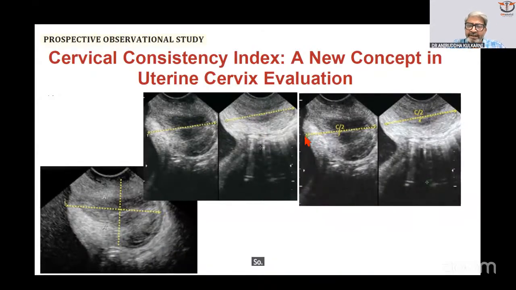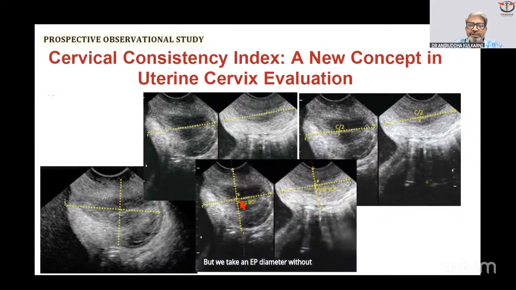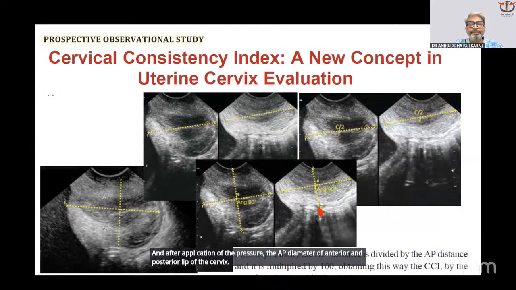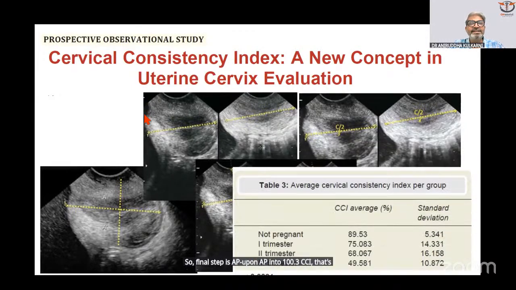So we take into account the cervical length of both, which in turn shows an apparent increase in the cervical length because of the pressure, but we are not interested in that at this juncture. We take the AP diameter without pressure, with equal AP diameter of anterior and posterior lips, and after application of pressure, the AP diameter of anterior and posterior lips of the cervix. So the final step is AP dash upon AP into 100. That's the CCI, the cervical consistency index.